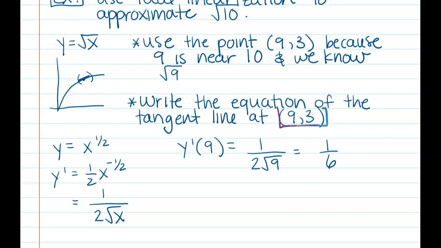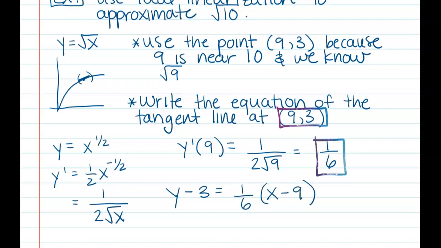Now we have our point and our slope, so we can write the equation of our tangent line: y minus 3 equals 1/6 times x minus 9. So there's our tangent line.